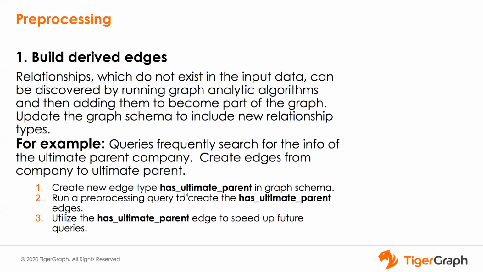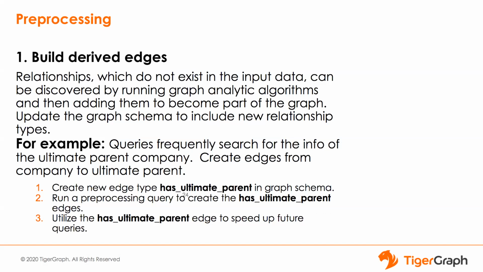A derived edge doesn't exist in your input data. It's something that we calculate by running graph analytics, and then we insert it as an edge, and it becomes a part of your graph. We can update the graph schema to include this new relationship, and with this new relationship populated, it will support your future analytics and make them a lot faster.